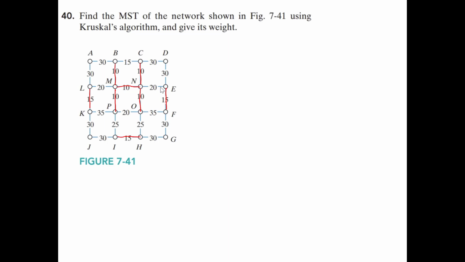Now we have 20. There's that 20. There's that 20. Can't use this 20 because it closes a circuit. Okay, move on to 25. There's a 25. Can't use this 25 because it will close this circuit.